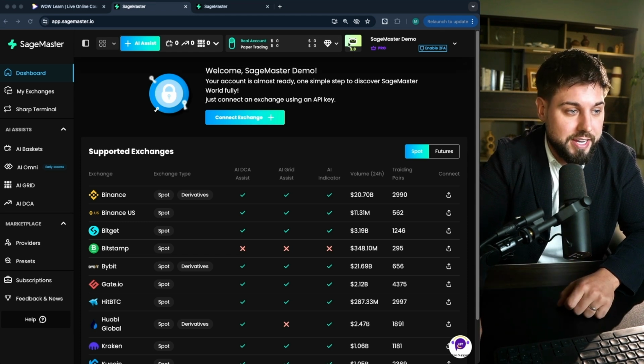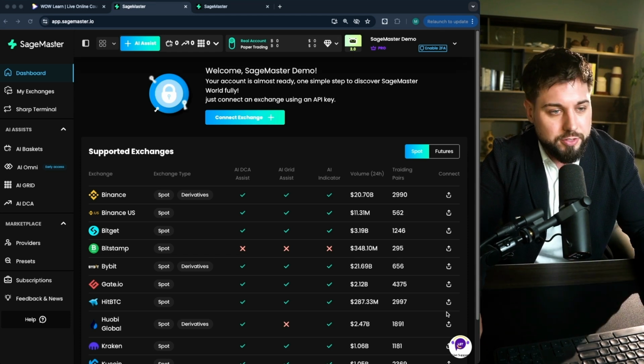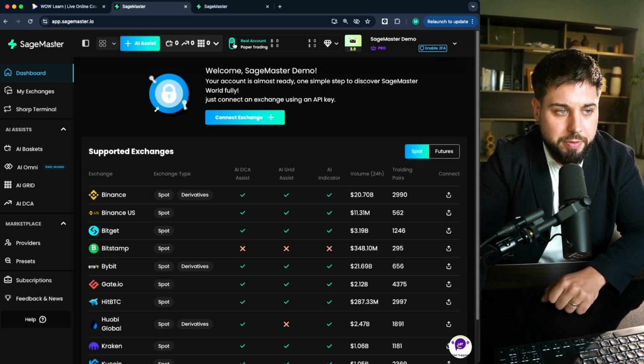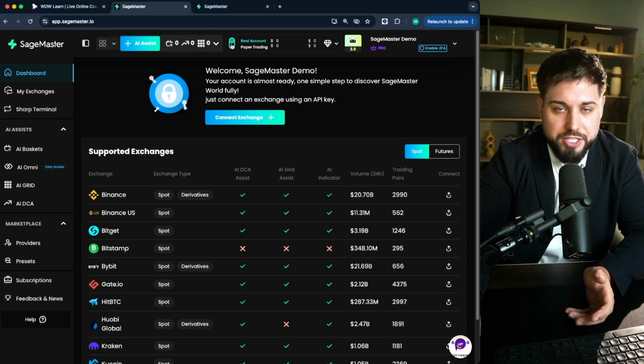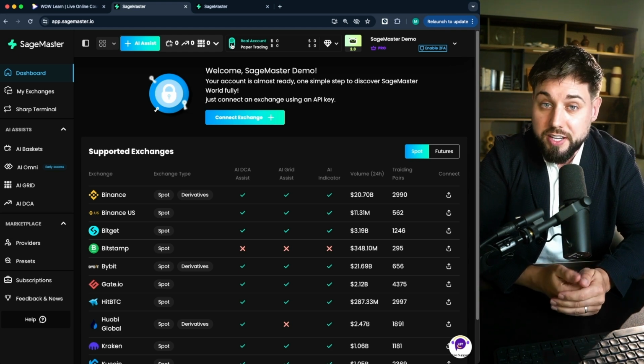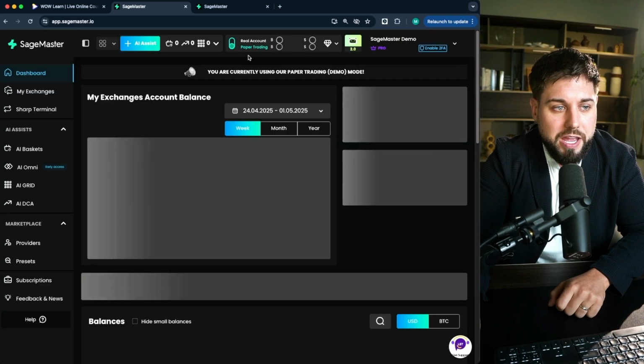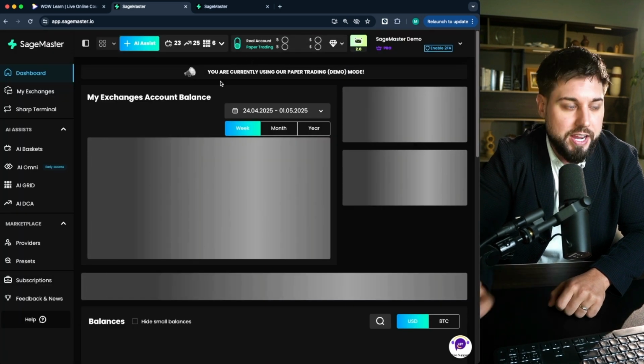When we're looking at SageMaster Crypto, logging into the platform, you'll see first thing real account and paper trading, where you can now connect a real exchange, you can connect a spot account or a futures account, or you can trade with the paper trading feature to learn trading.